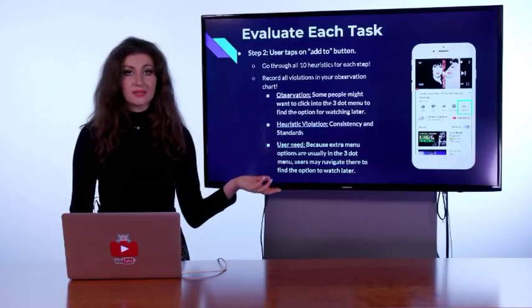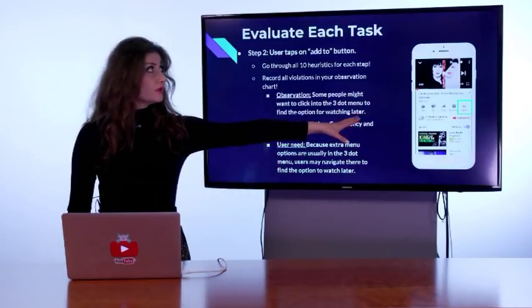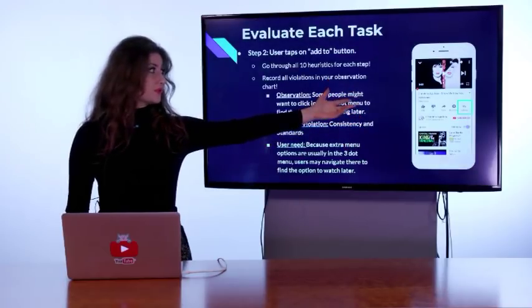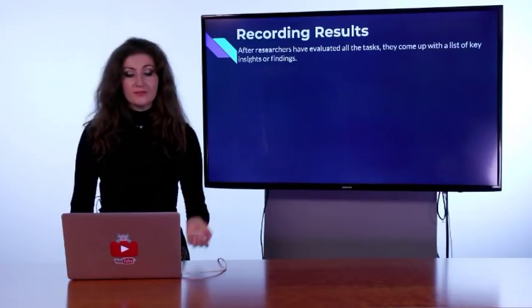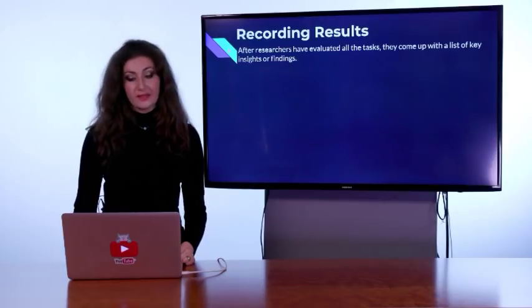So you would do something like this for every step of every task. Are there more heuristic violations for this particular screen? It's possible that there are, but we just went through one. So after researchers have evaluated all of the tasks, they come up with a list of key insights or findings.